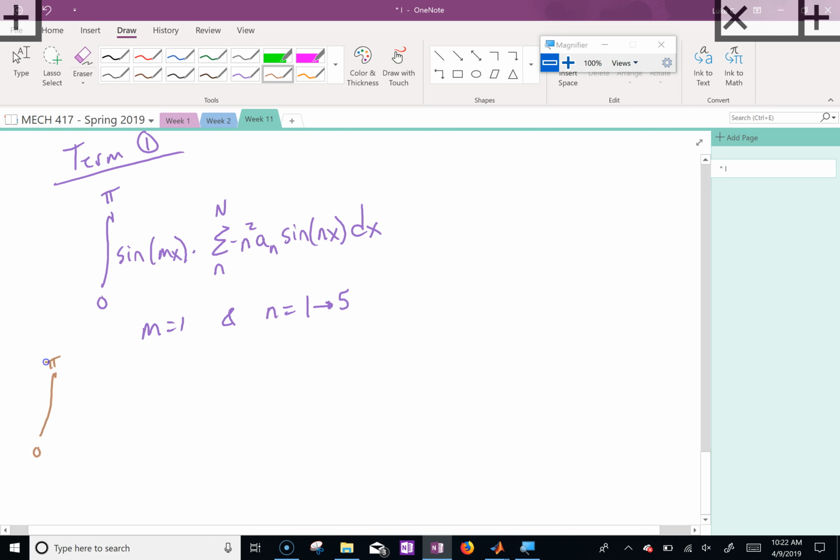So 0 to pi, sine of x times. How many terms are going to be in the next section? What's little n going from? 1 to 5. So there's going to be 5 terms in here. Okay? So let's write each term to show you how this is actually written out.